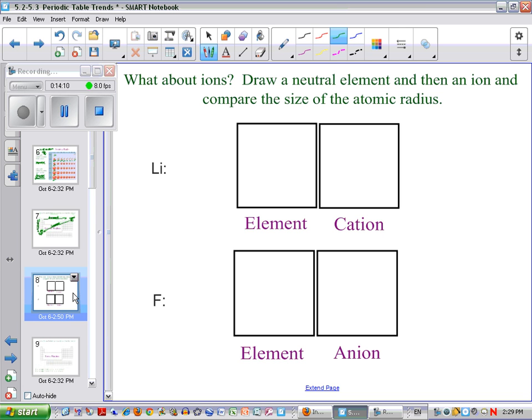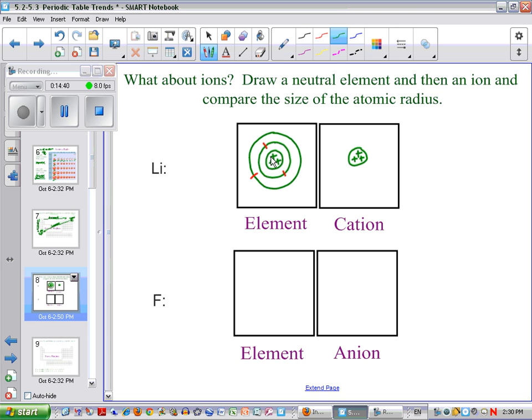So lithium has 3 protons, 1, 2, 3, and over here when it's an ion, how many protons is it going to have? Yeah, exactly the same number. You don't change it because it's an ion. You don't even change it when it's an isotope. It's going to stay the same. Now, lithium, like we said before, has 2 electrons in its first energy level, and in its second energy level, it has 1 electron.